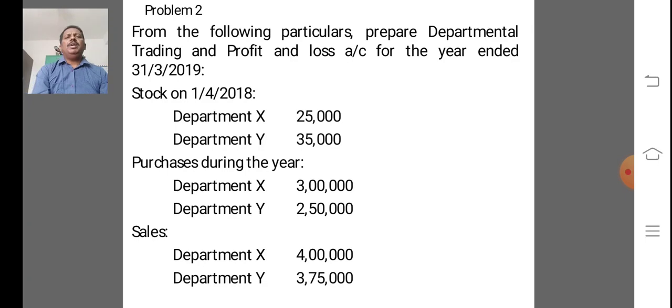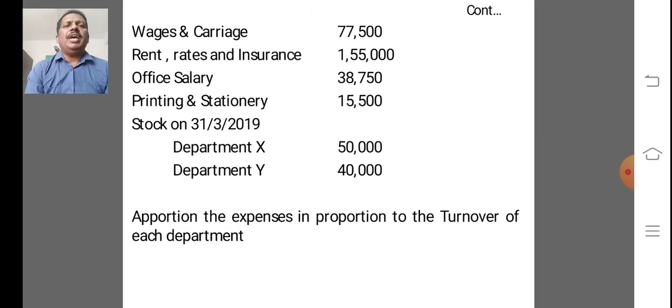Sales, department X 4 lakh, department Y 3,75,000. Next, wages and carriage 77,500, rent, rates and insurance 1,55,000, office salary 38,750, printing and stationery 15,500, stock on 31/3/2019, department X 50,000, department Y 40,000. So apportion the expenses in proportion to the turnover of each department.